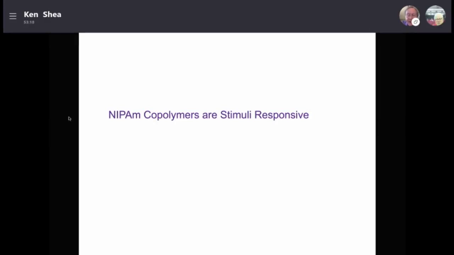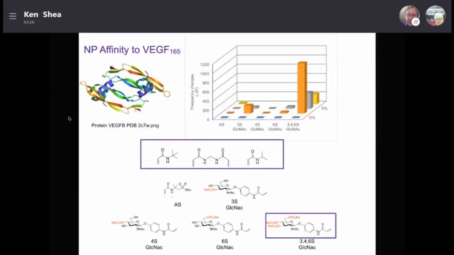We demonstrated that it is possible in the chemistry laboratory to synthesize a polymer nanoparticle with functional groups, and by adjusting the relative amounts of these functional monomers, we can design nanoparticles with very high affinity and selectivity to specific protein targets. That's the basic important lesson that we have learned so far.